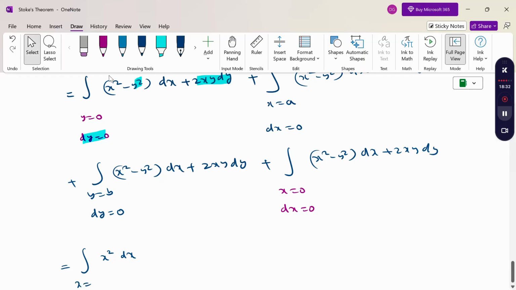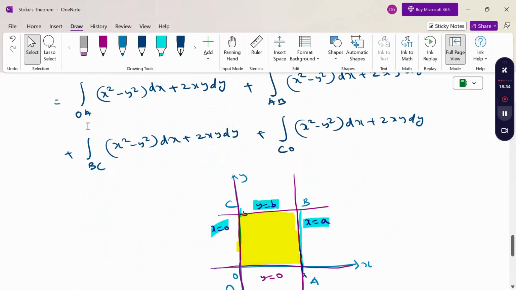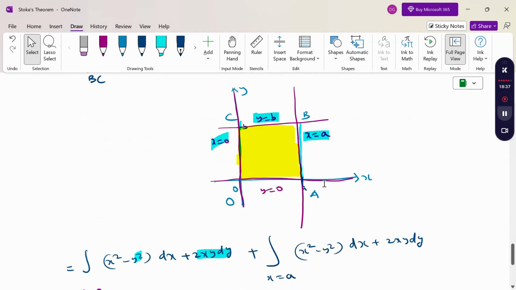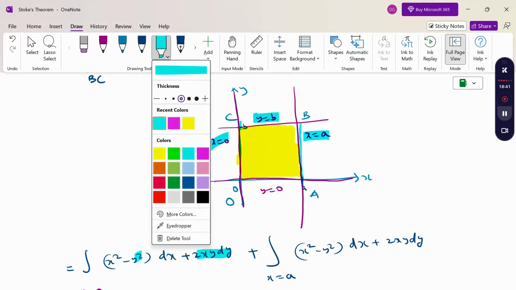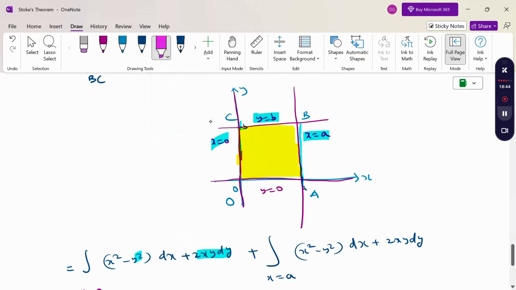The points are 0 comma 0, a comma 0, a comma b, and 0 comma b.